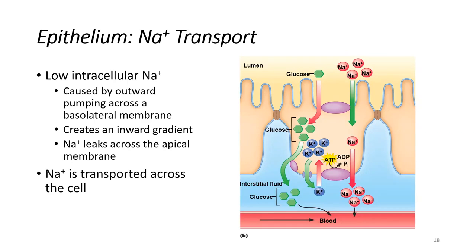And so just to kind of explain a little bit here about the movement that's taking place, we've got sodium moving from an area of high concentration to an area of low intracellular concentration passively. And we're harnessing that energy to move glucose from an area of low concentration to an area of high concentration inside the cell. So glucose is moving against its concentration gradient.